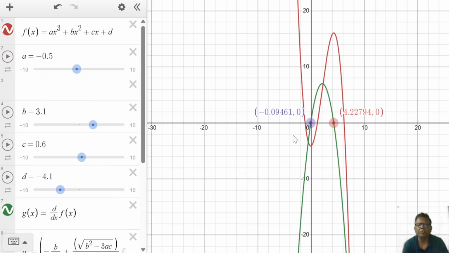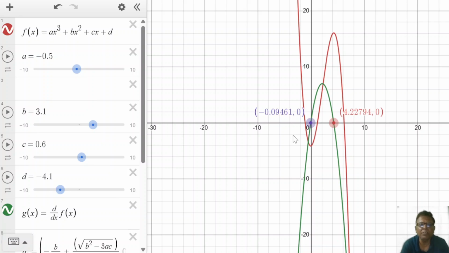This is the way we can find out how many roots a cubic equation has. It will have either one root or three roots. For three roots, the maximum value and minimum value should have opposite sign.